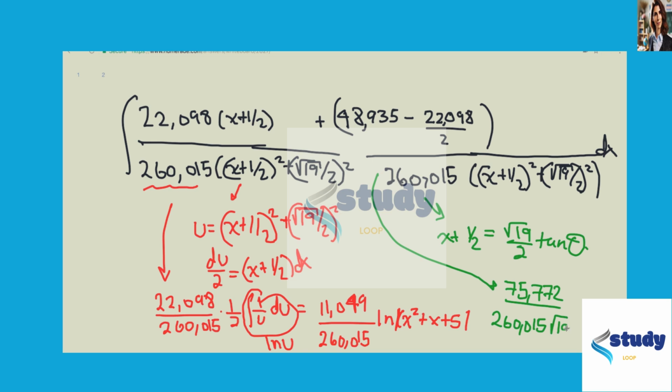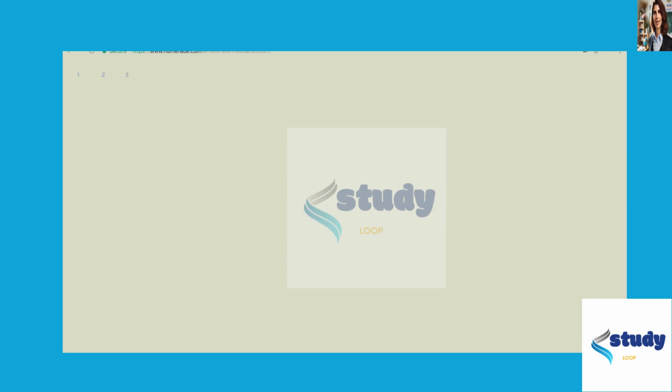We have that 19 on the bottom, and then arctan, for this is from the trig sub, 2x plus 1, and then on the bottom, radical 19. So the first most complicated integral that we had, we just broke that into 2 parts. We'll add those together at the very end.